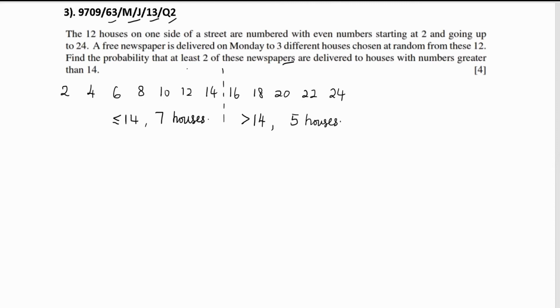Okay, now we are trying to find the probability with at least 2 of these newspapers. Since the question says at least 2, and 3 newspapers are delivered to 3 different houses, we have to consider the probability that at least 2 are delivered to houses numbered greater than 14.